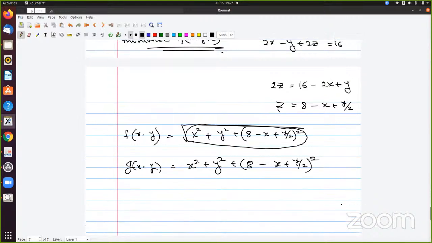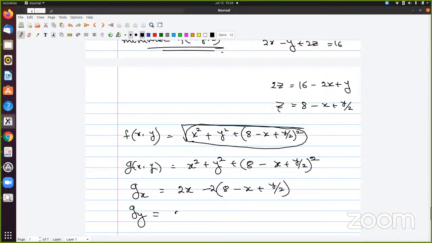Now you know how to find the minimization of this. Basically you have to find gx and gy. What is gx? 2x plus 2 into the whole bracket, and then the derivative of what is within the bracket with respect to x, which is minus 1.